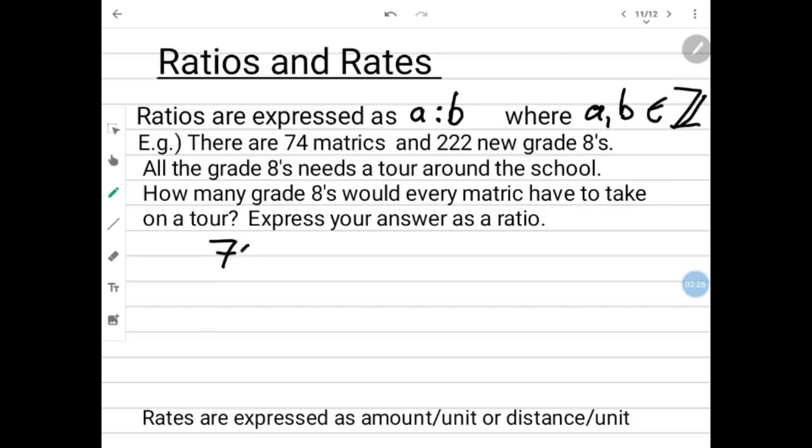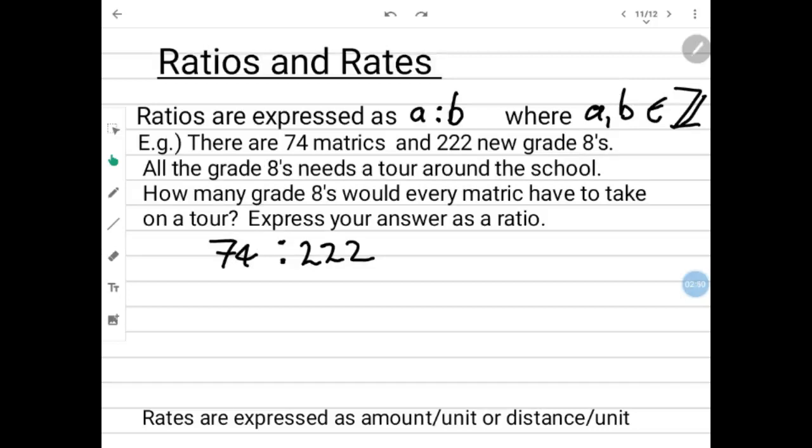So there are 74 matrics, right? And there are 222 grade 8s. Now, in a ratio, we always want to express it in its simplest form, right? We're not going to leave it as 74 to 222. We want to express it in its simplest form.